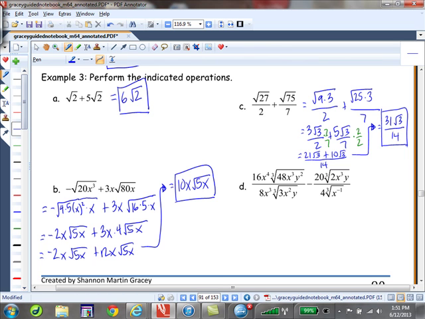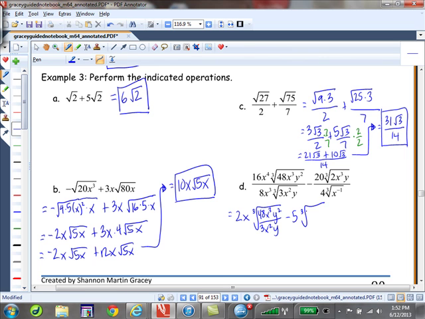All right, in our last problem, first of all, I want you to recognize that we can simplify the 16x to the 4th and the 8x cubed. So that's going to give us 2x to the 1 times, I'm going to make this one happy cube root. And then similarly, 20 divided by 4 is 5.